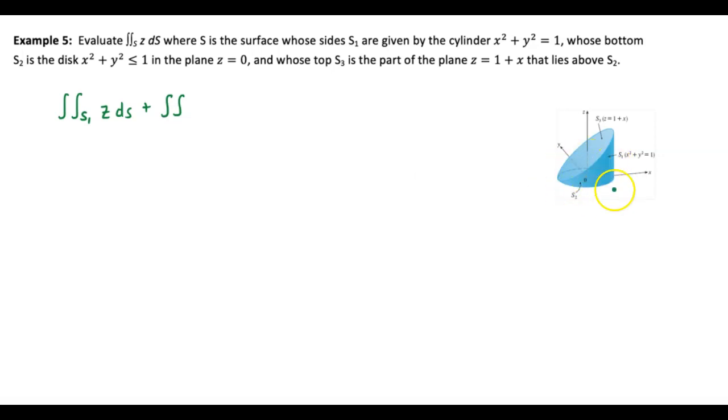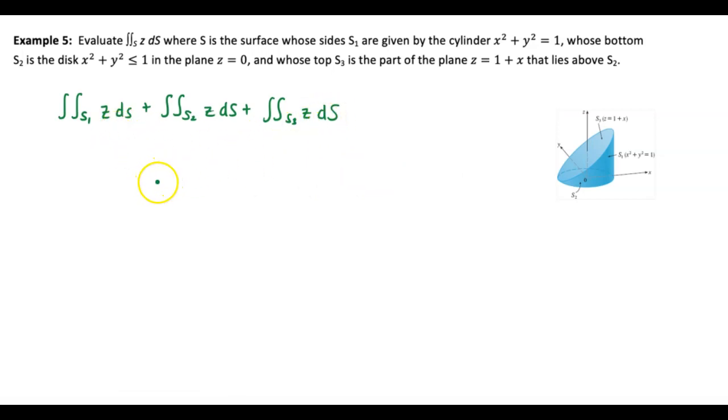It's the circle that lies on the xy plane. S2 of z dS, plus the double integral over S3, which is just the top of this cylinder, the plane z equals 1 plus x, of z dS. So we're just breaking this up.